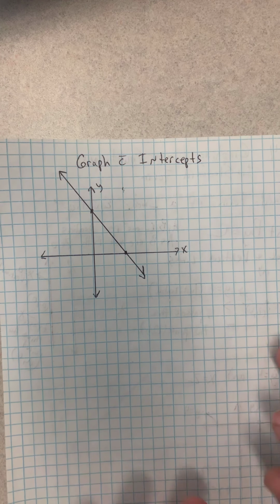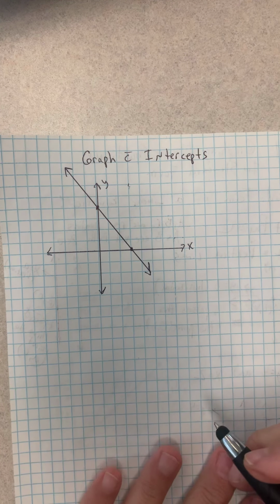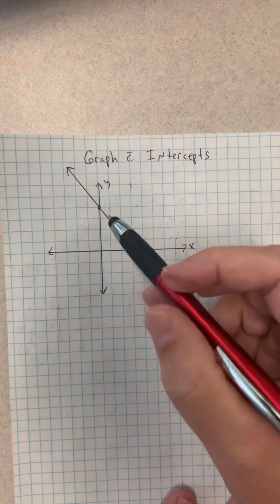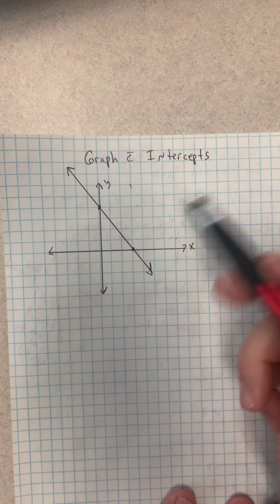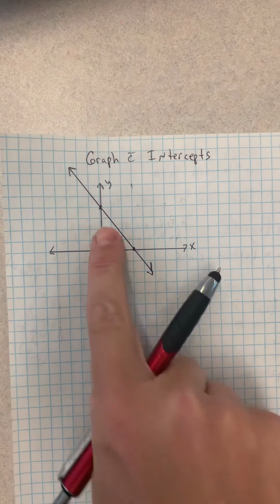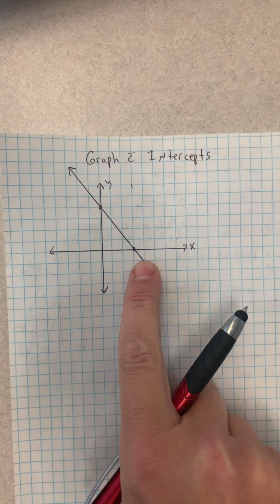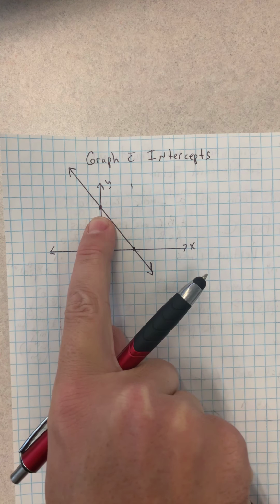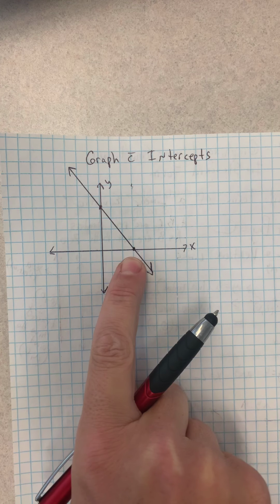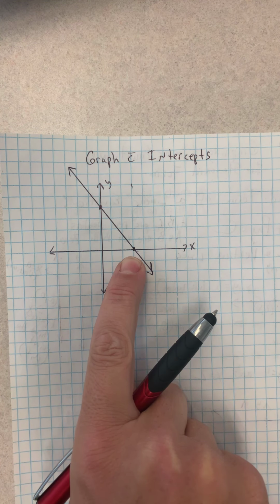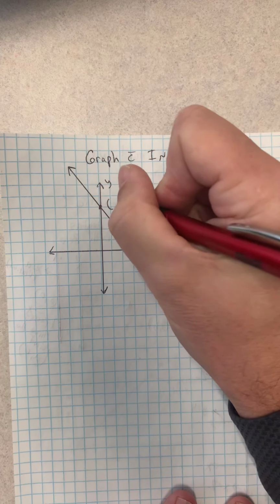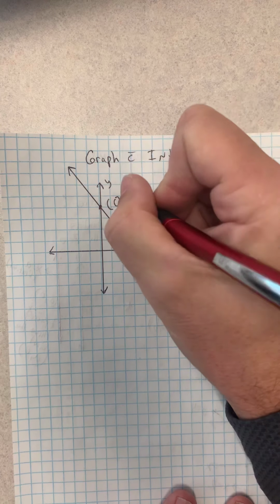The reason that we want to graph with intercepts is because I only need 2 points to find a line. And I know if this line crosses the x and the y axis, I know what the x coordinate is of that point, and I know what the y coordinate of that point is right there. Remember, something that crosses the y axis has an x of 0.